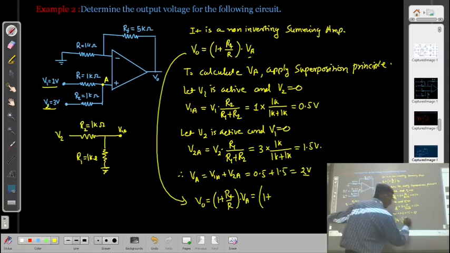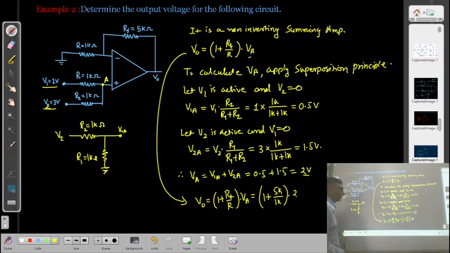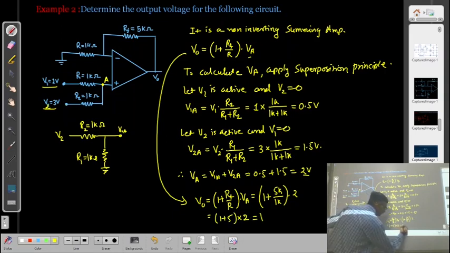It is 5K. 5K divided by 1K, and this is 2 volt. So 5K divided by 1K will be 5, plus 1 is 6, into 2, and your answer will be 12 volt. Correct? So this is equal to 1 plus 5 into 2, equal to 12 volt.